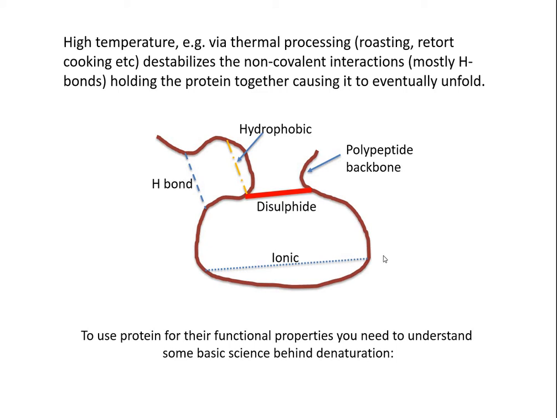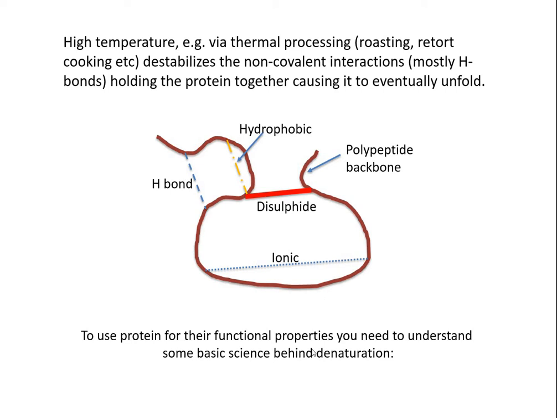Because of high temperatures, thermal processing, roasting, cooking, retort cooking, we cause the destabilization of these non-covalent bonds, especially the hydrogen bond. We cannot do anything about the disulfide because it is way too strong. So the destabilization of the non-covalent bonds that hold the protein together causes the whole structure to be unfolded.